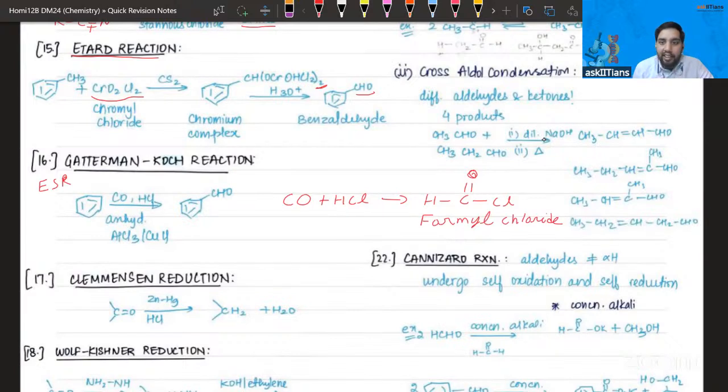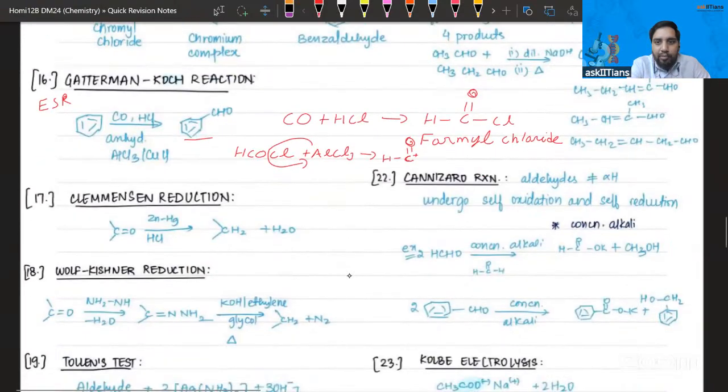When formyl chloride reacts with AlCl3, it will abstract the Cl part, and we will get HCO positive, the formyl carbocation. This formyl carbocation attacks benzene to produce benzaldehyde.